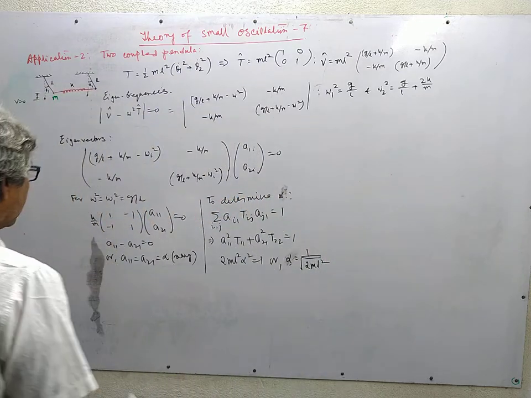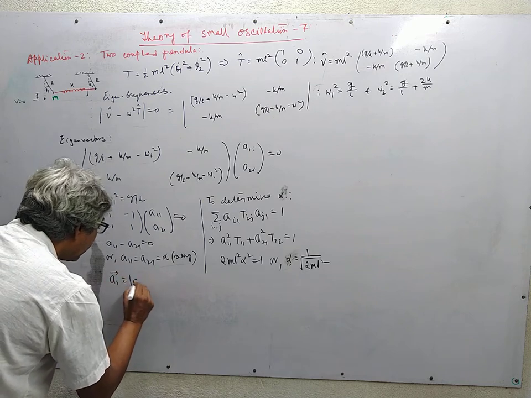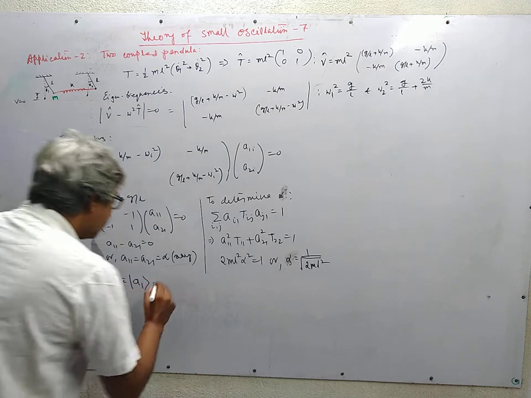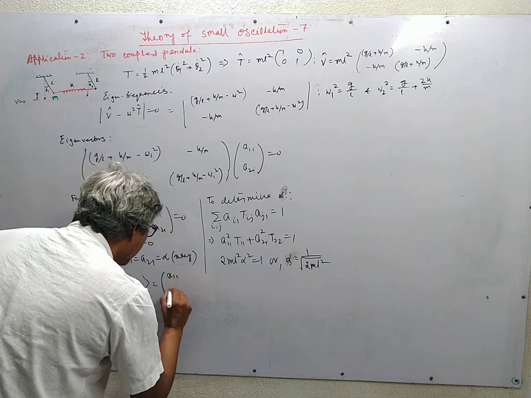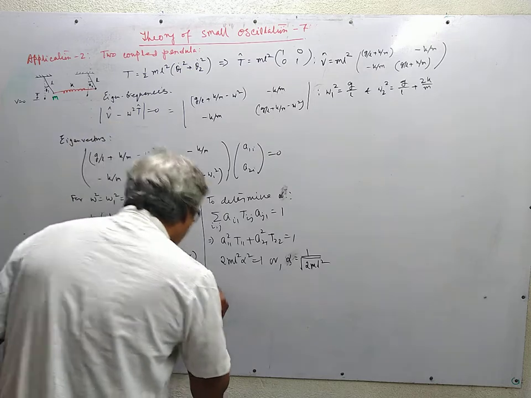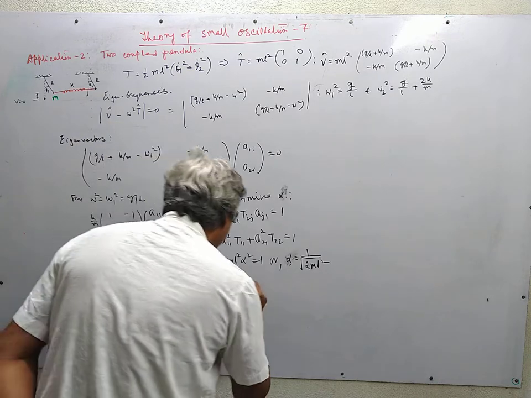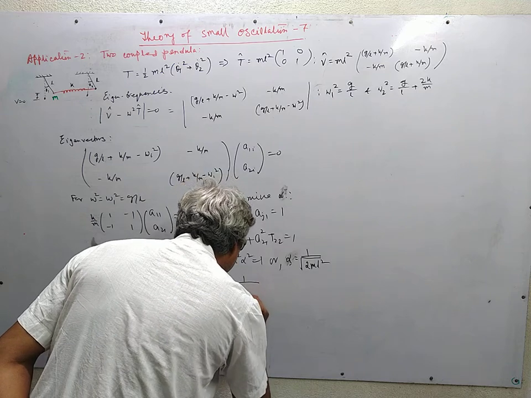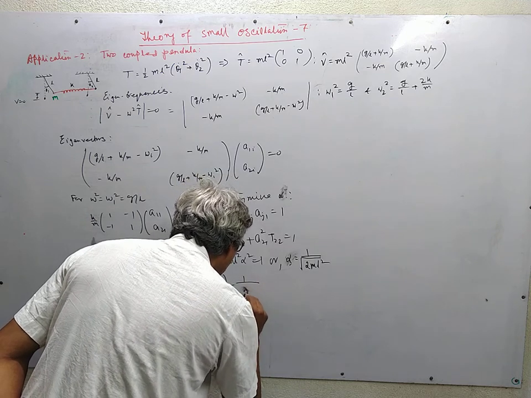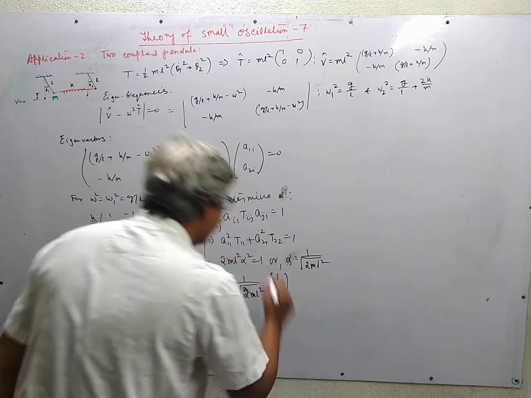So the first eigenvector A1, or in terms of ket, is a column matrix A11, A21. If we take alpha common, this is 1 1, and in the compact form, this is 1 upon square root of 2ml square times 1 1.